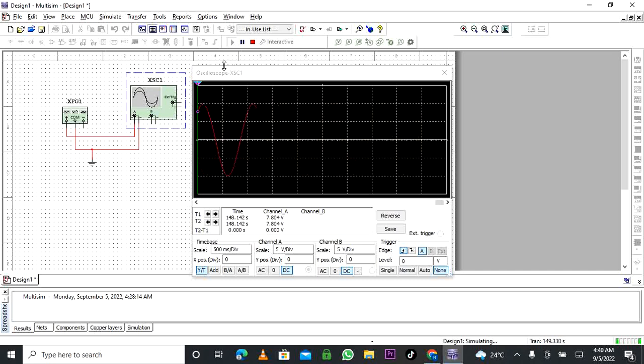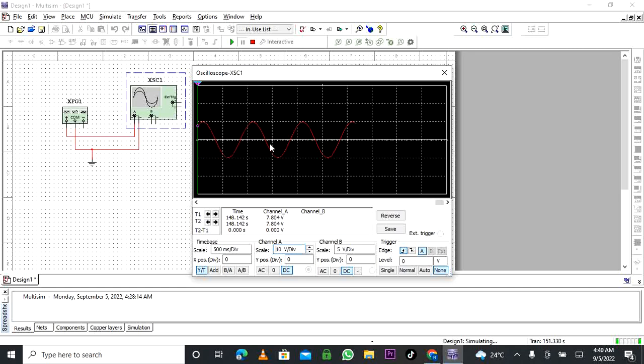You can also change voltage scaling. Let's say 10 volts per division, and now that same 20 volts still holds: the high point is now 2 divisions, but at 10 volts per division, 10 times 2, 20 volts.